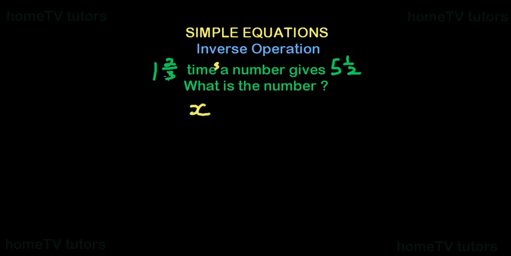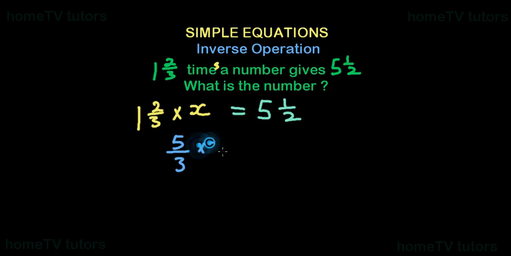So we're told that 1 odd number 2 over 3 times the number, so that is 1 odd number 2 over 3 times x, which gives us 5 odd number 1 over 2. Quickly we convert the mixed fraction to improper fraction, and this will be 3 times 1, 3 plus 2, that gives us 5. So we have 5 over 3 times x.